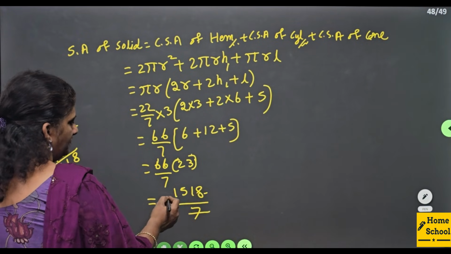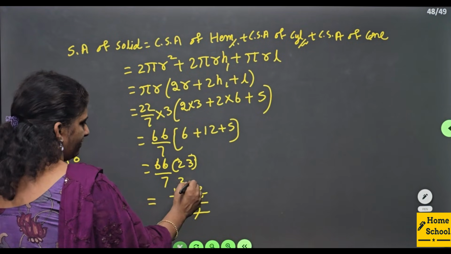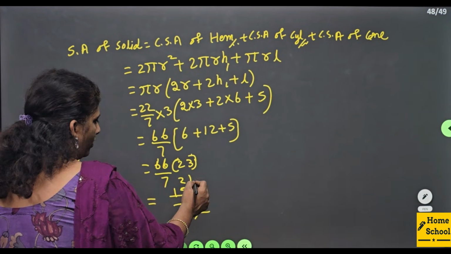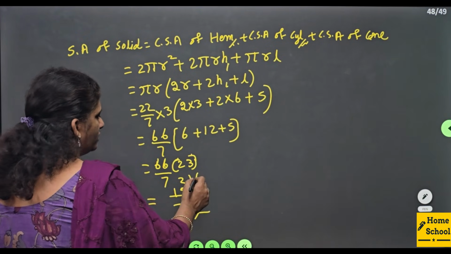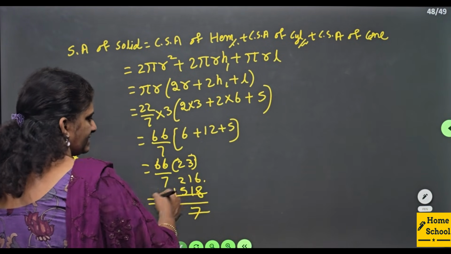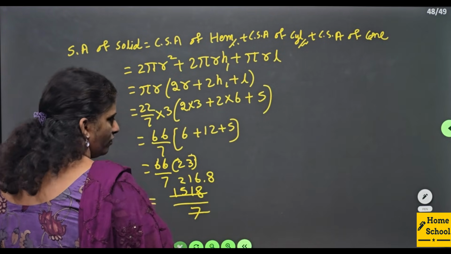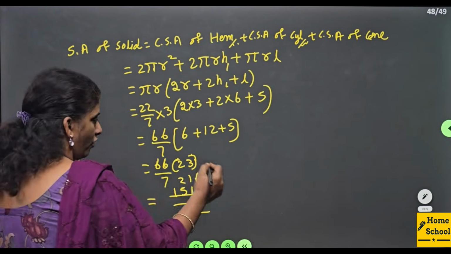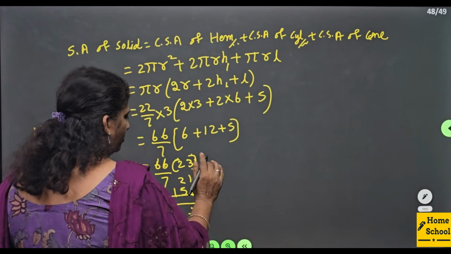Now cancel. 7 2s are 14, 11, 7 1s are 7, 4 left, 48, 7 6s are 42, 6 left, put a point, 60, 7 8s are 56, 4 left, 40, 7 5s are 35. You are going to get, but you can stop here.